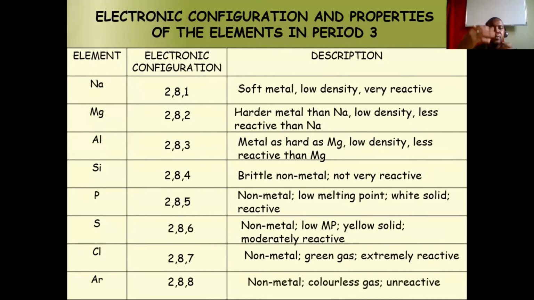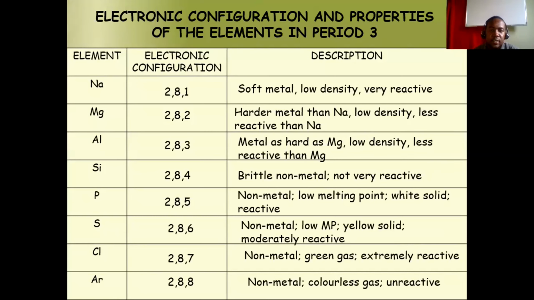If we look at sodium, which is from the left side, it is a soft metal, it has low density, and it's very reactive. Then magnesium is beside it, it is a harder metal than sodium, it has a low density, it's less reactive than sodium. Aluminum is harder than magnesium, it has low density as well, it's less reactive than magnesium.